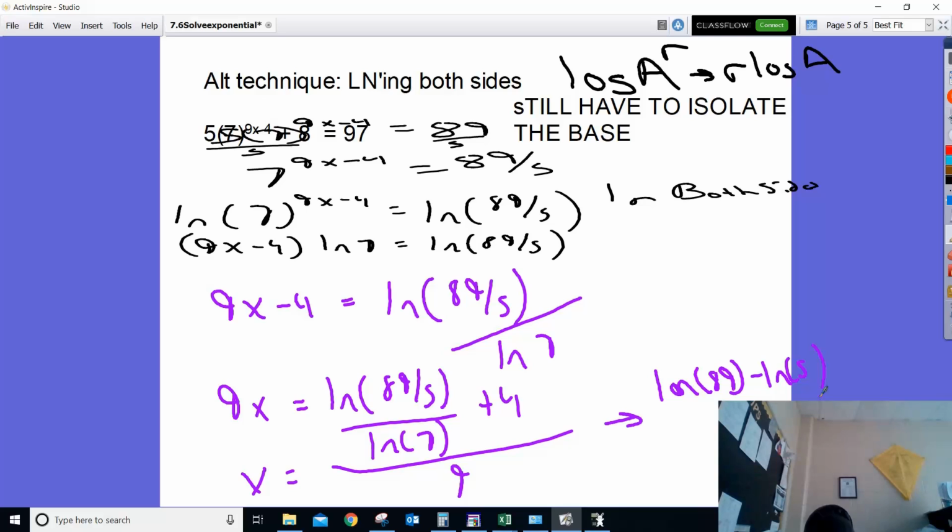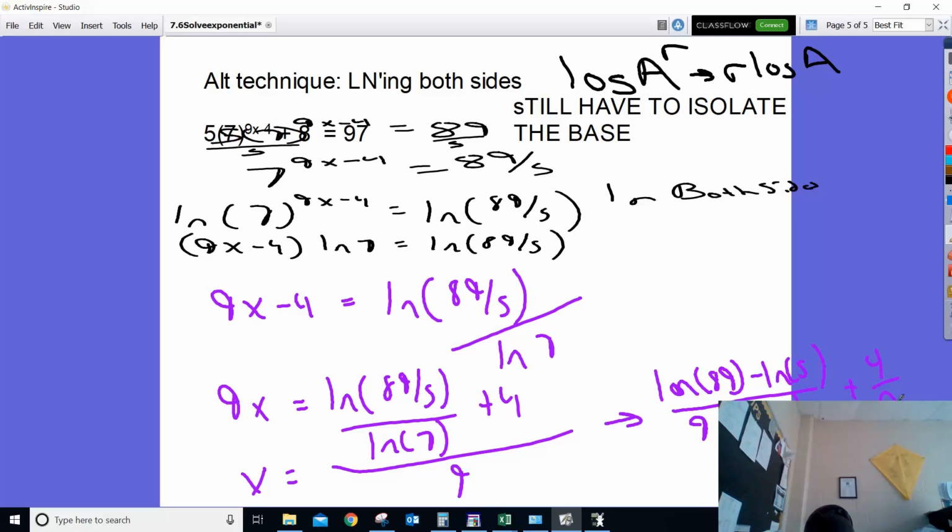That's how they break it apart. It'd still be over the natural log of 7. No, there's no rule for that. This 9 down low is division. Division happens in a denominator, doesn't it? They'd move it right here. And this 4 over 9 would be written off the side by itself as 4 over 9. That's probably how it'd be presented on EOC.